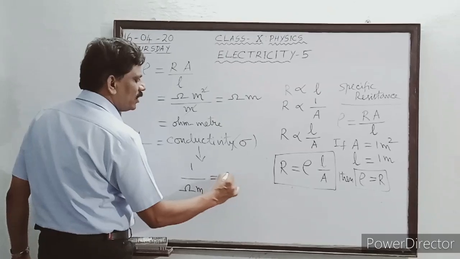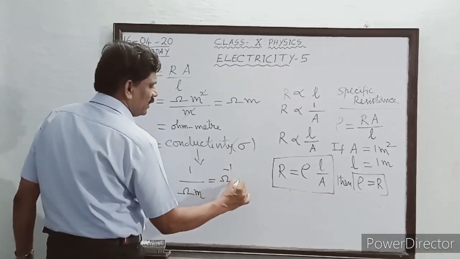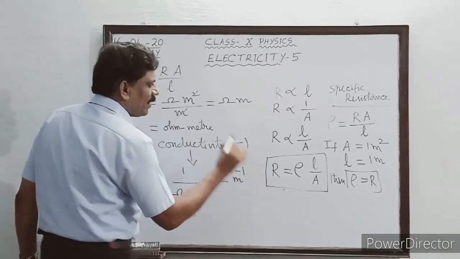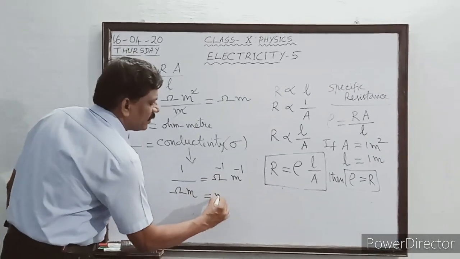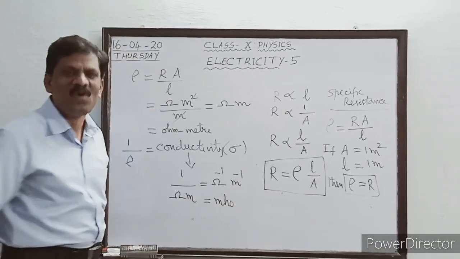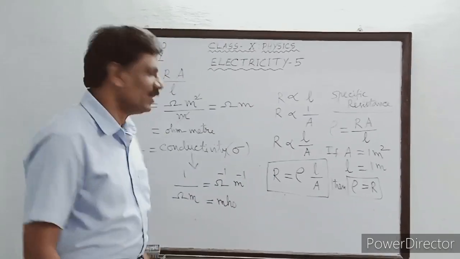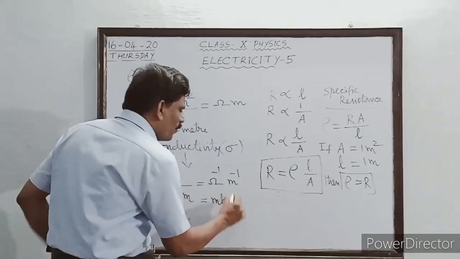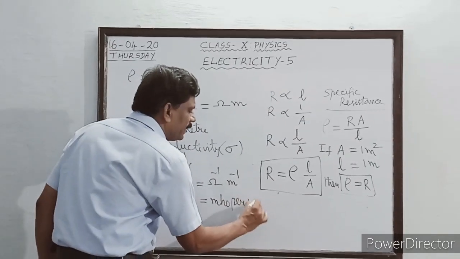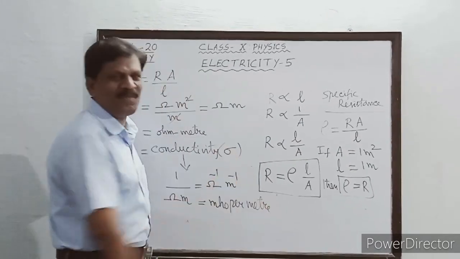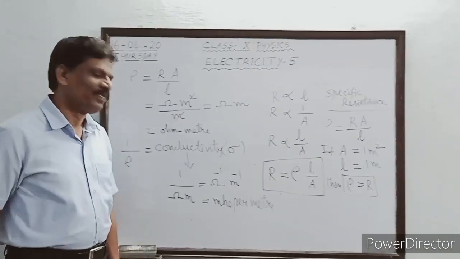So this is equal to ohm power minus 1 into meter power minus 1. This ohm power minus 1 also is called as mho. It is just the reverse of ohm. Okay, this is mho. So mho, and this is per meter. So this is mho per meter.